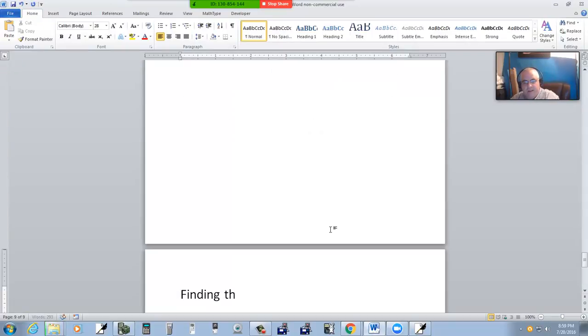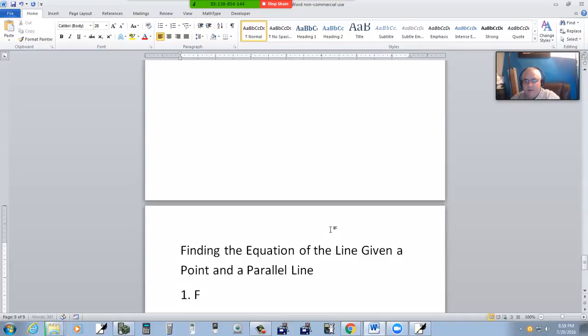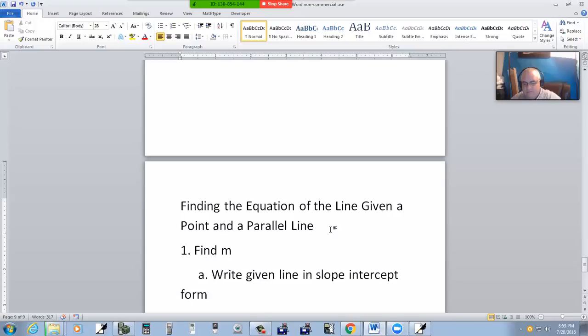So finding the equation of the line given a point and a parallel line. Step 1, find m. First substep within that is to write the given line in slope-intercept form. Solve for y.